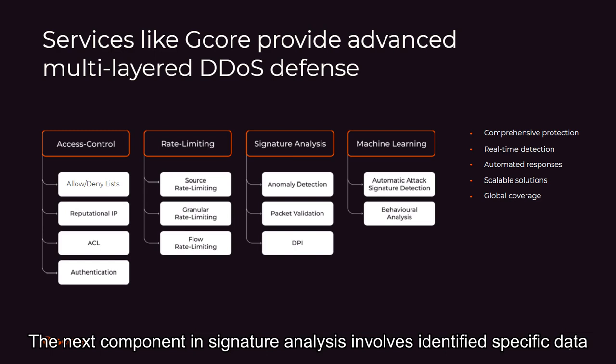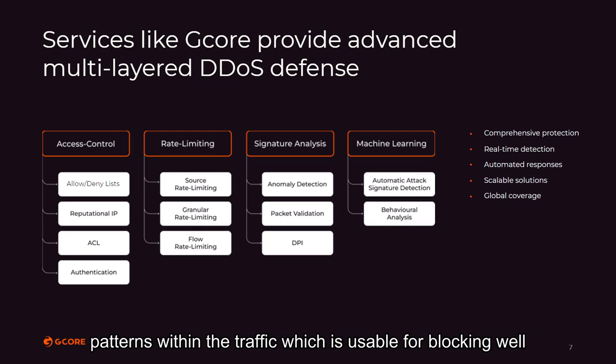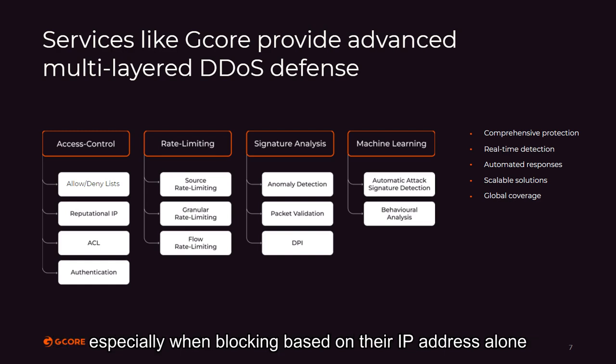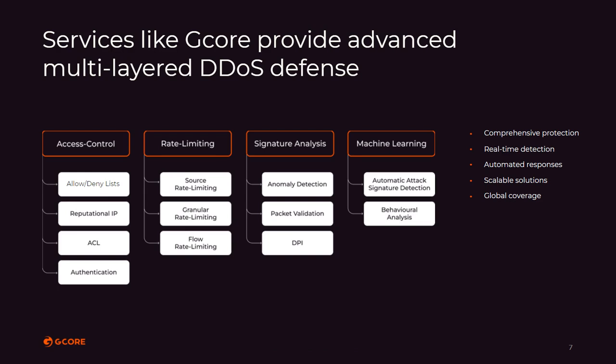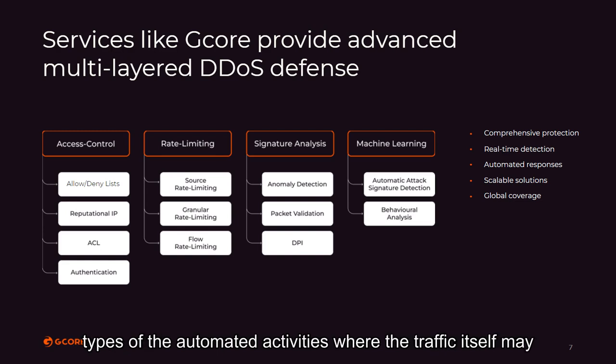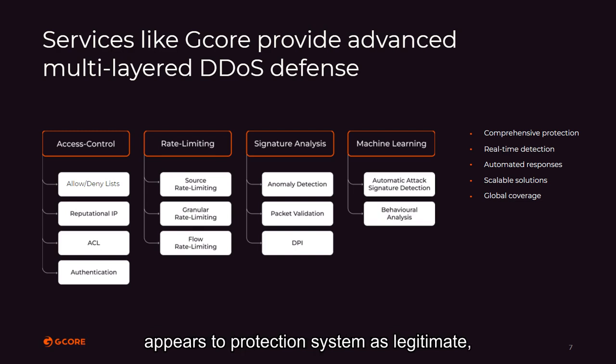The next component, signature analysis, involves identifying specific data patterns within the traffic, which is usable for blocking well-known attacks and vulnerabilities or malicious traffic patterns, especially when blocking based on the IP address alone is not possible. And finally, machine learning is particularly efficient against various types of automated activities, where the traffic itself may appear to the protection system as legitimate, but it can be used to overload the resources or collect some sensitive data.